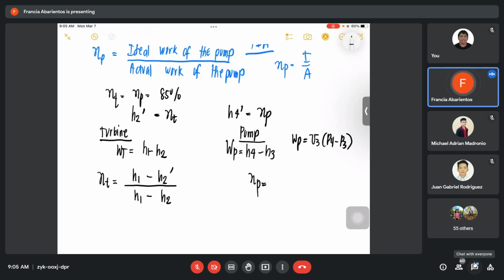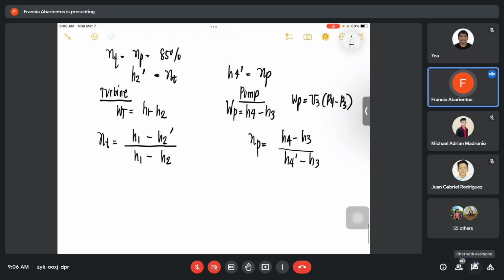H4 minus H3 over the H4 prime minus H2. Okay. Computing for H2 prime, ano yung gagawin ko nga? Shift solve nyo na lang class, 85%.